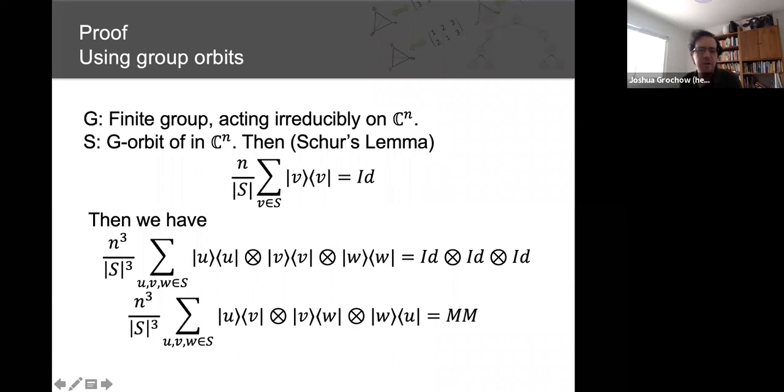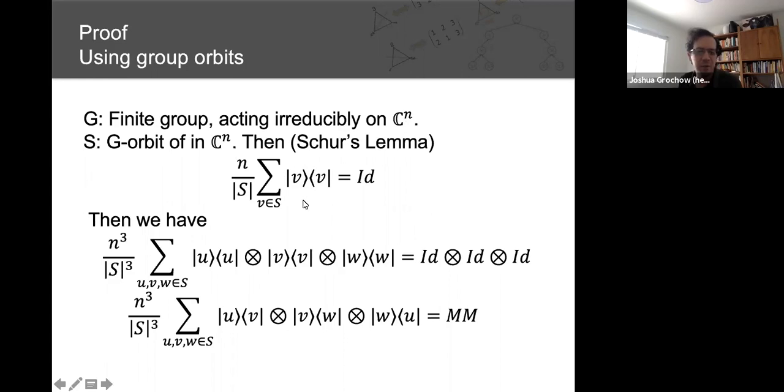All right. So now, again, if you like groups, we'll do this. But if you don't, just pay attention to this equation. Suppose G is a finite group, and it has an n-dimensional irrep. So it's acting on C to the n irreducibly, and I'm going to think of this C to the n as before as indexing the rows and columns of my matrices. And say S is some orbit inside this vector space.